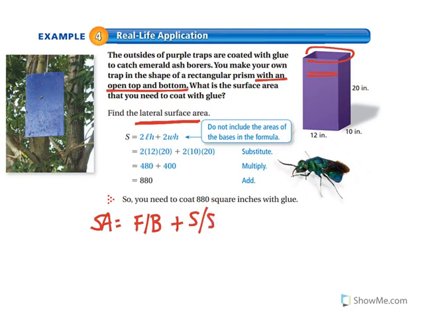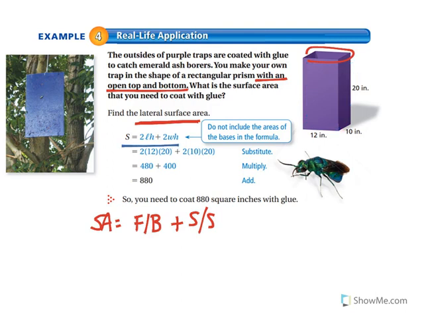So the front and the back, like this would be your front, and then behind it is the back. And then this would be the side, and this would be the side. Hopefully that makes some sense to you about what I consider the front and the back, and the side and the side.